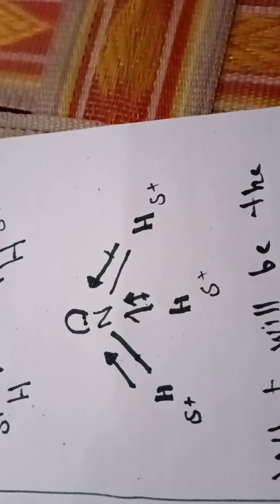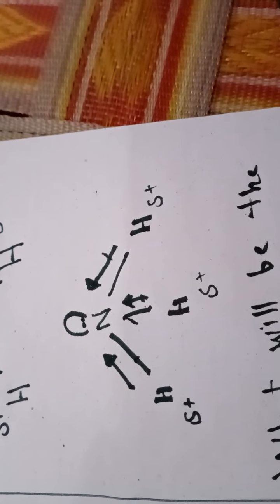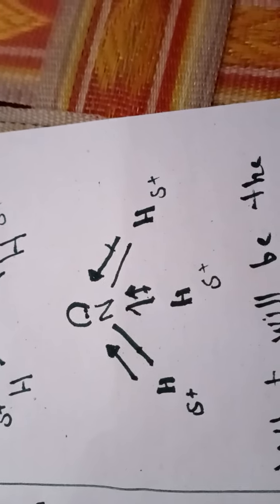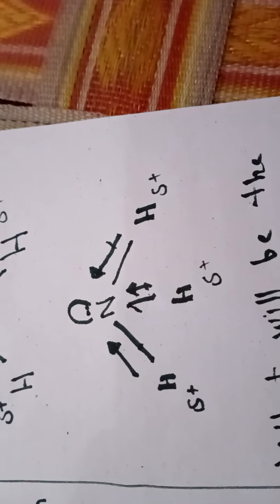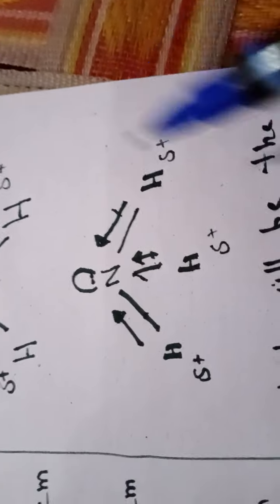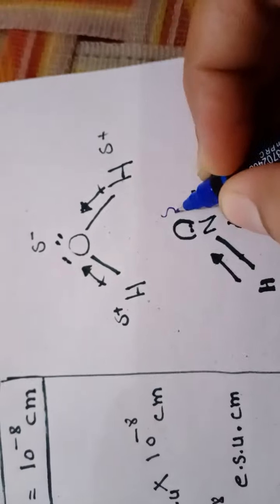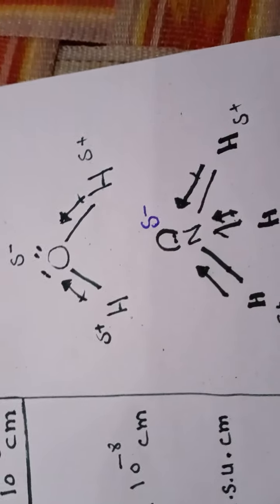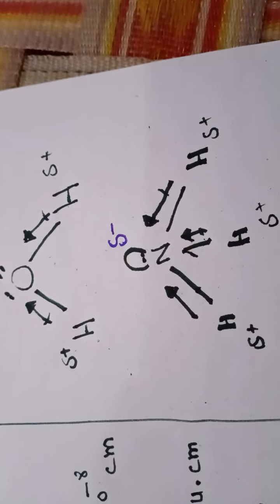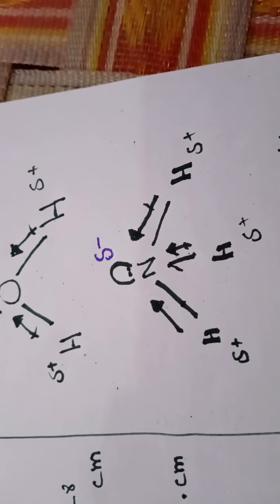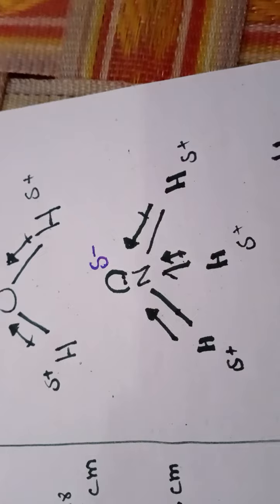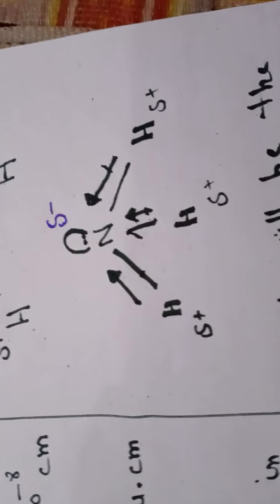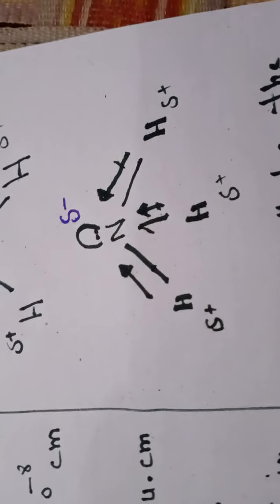So any atom which contains more electrons in the valence shell will have more electronegativity. There will be a distortion, and the electron cloud is distorted toward the nitrogen because it has a high value of electronegativity, and again the hydrogen becomes partially positively charged.